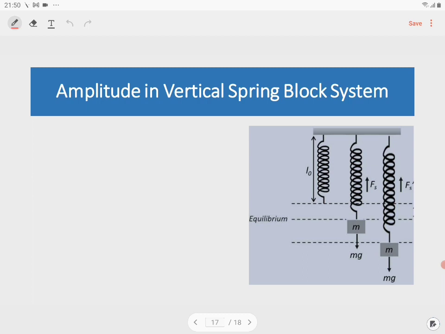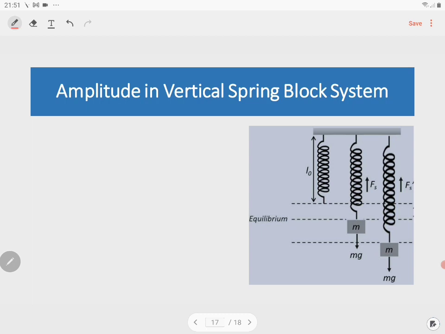See children. Suppose there is a spring to which we don't connect any block, then the spring will have natural length. Now you connect a block of mass m and slowly release the block. When you slowly release the block, then the block will attain equilibrium position.